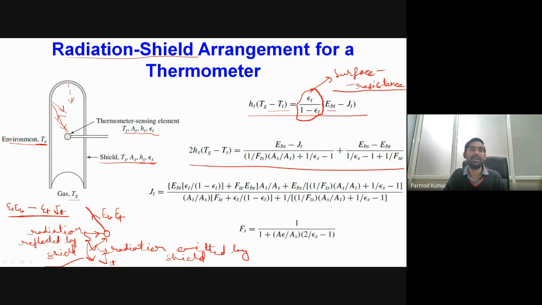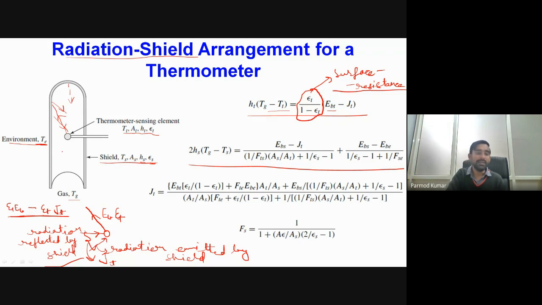So whatever radiation is reflected or emitted from the inner surface of the radiation shield will entirely fall on this particular element. That's why we are not considering the space resistance here, which is accounted for with the help of a parameter known as the view factor, or geometric shape factor.